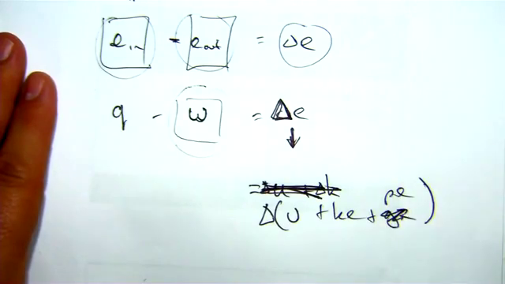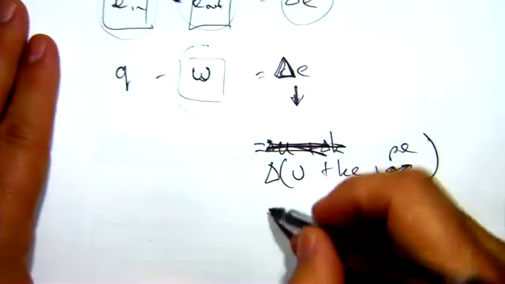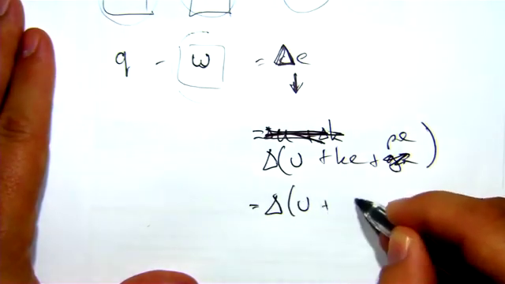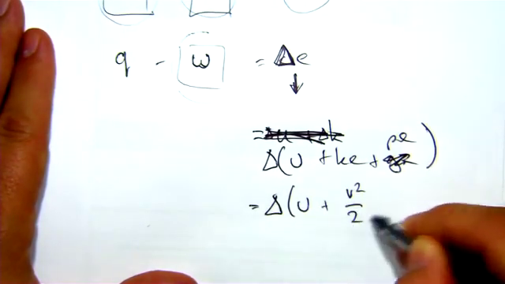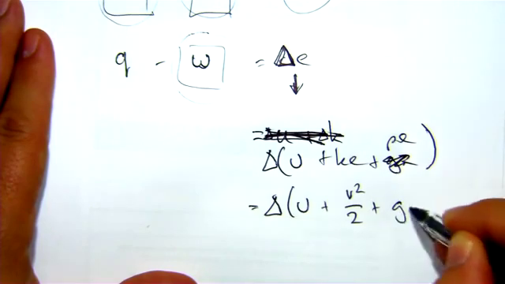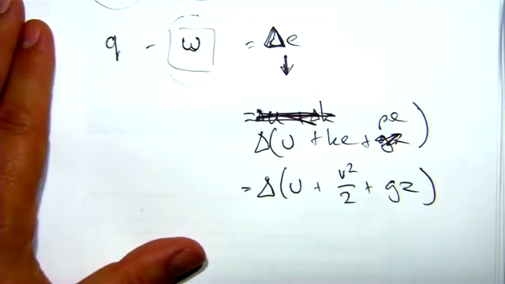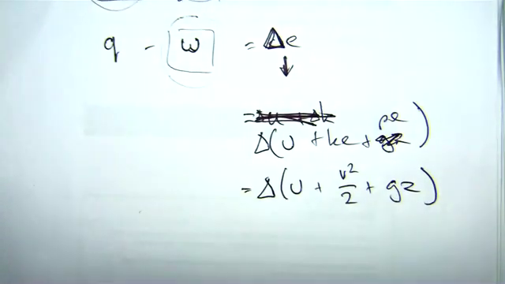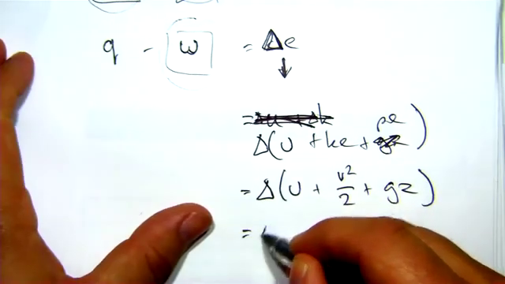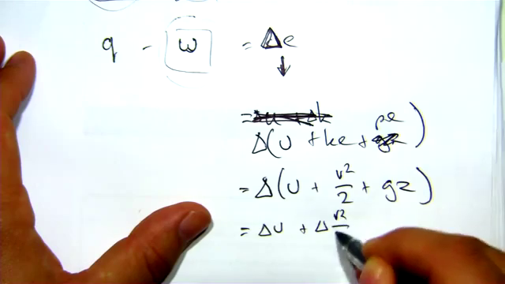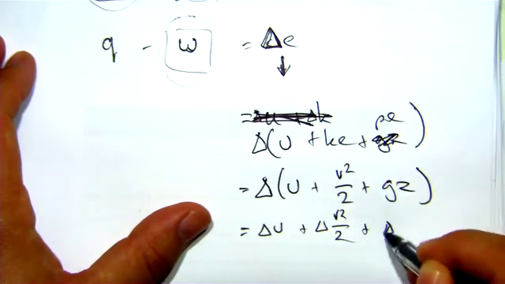That's all the terms, all the ideas for energy, which means I can write that delta U plus V squared on 2 plus GZ. Or I could split that out to delta U, delta V squared on 2, delta GZ. I would do that split, so delta U plus delta V squared on 2 plus delta GZ.